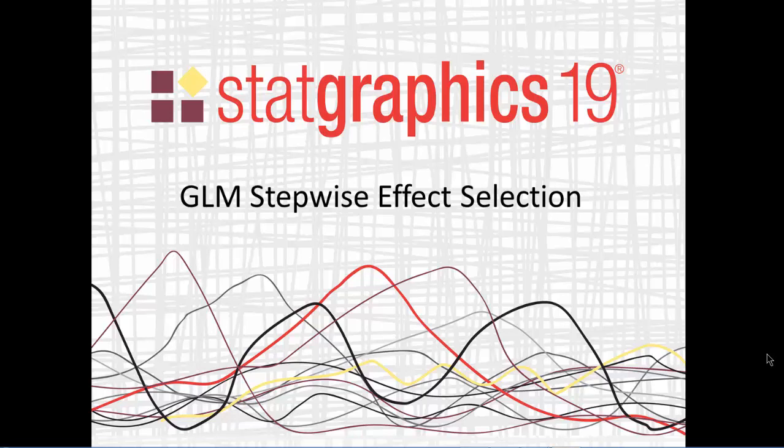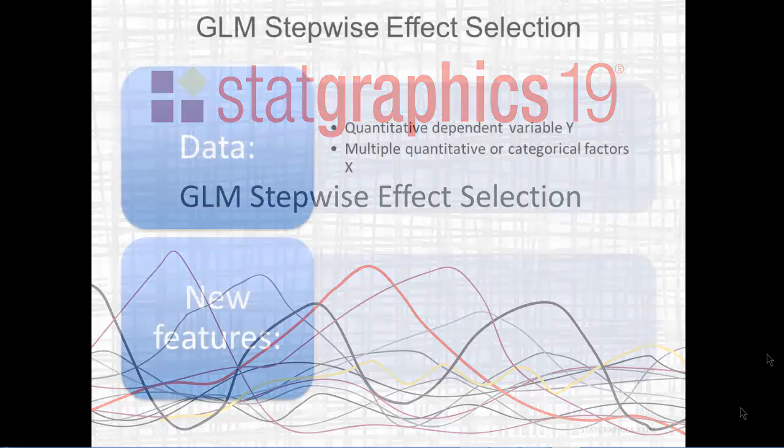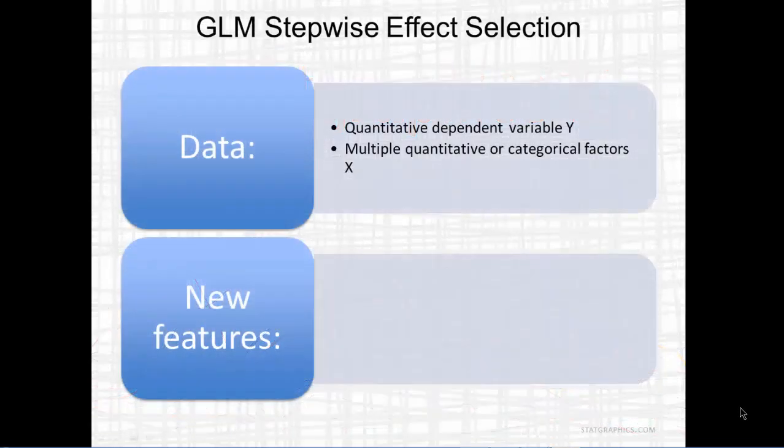This video describes a new feature added to the General Linear Models procedure in Statgraphics 19 for stepwise effect selection. The data to be considered consist of one quantitative dependent variable y and multiple quantitative or categorical factors x.